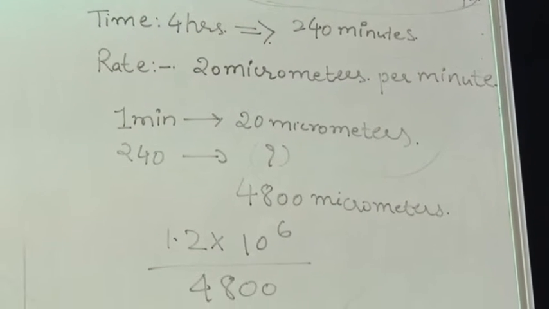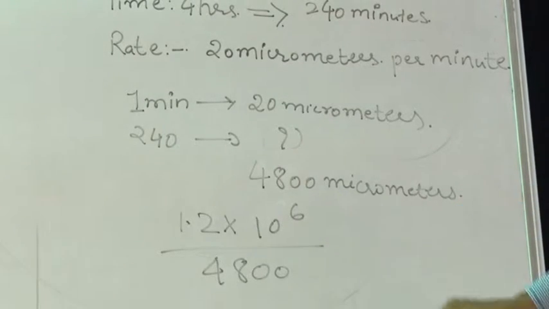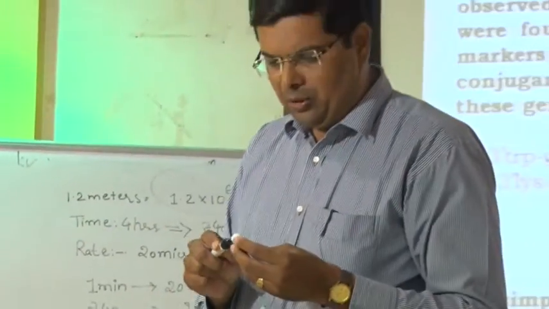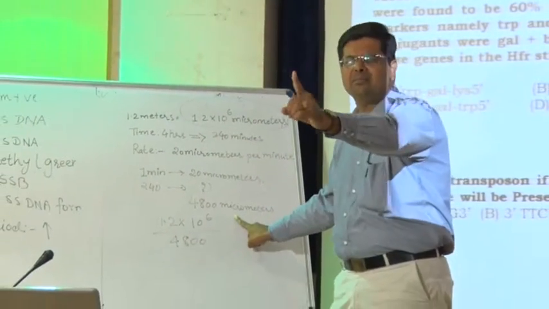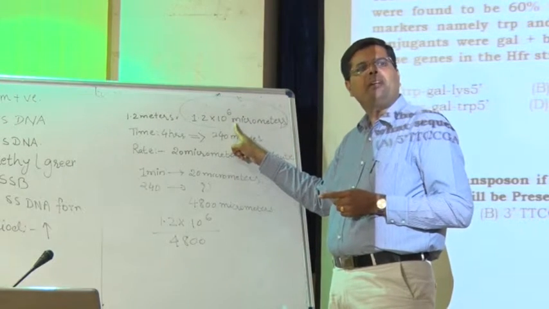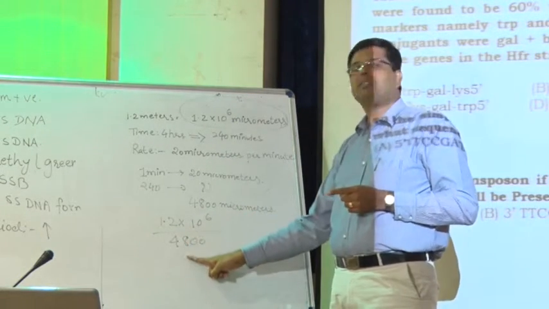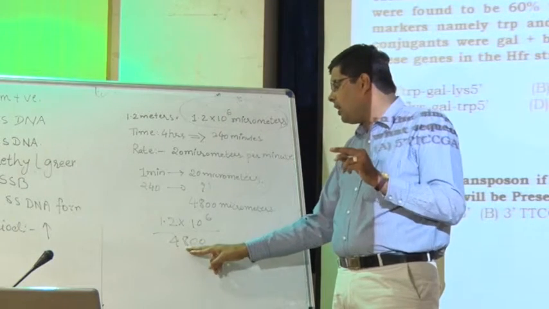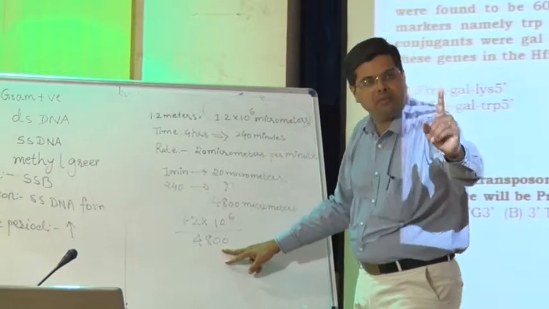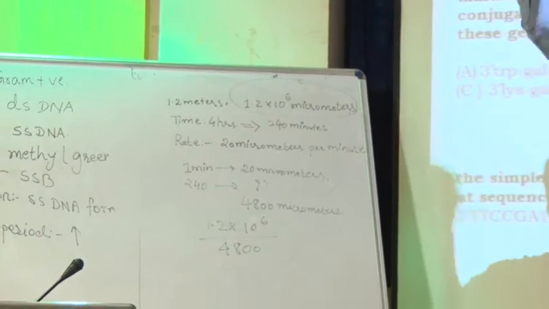अगर एक रेप्लिकेशन ओरिजिन होगा तो इतना 4800 माइक्रोमीटर डीएनए ही बस 240 मिनट में होगा. नहीं समझ में आ रहा है आपको? अगर सिर्फ एक रेप्लिकेशन ओरिजिन होगा तो सिर्फ 4800 माइक्रोमीटर ही डीएनए रेप्लिकेट होगा. लेकिन हमको कितना करना है? 1.2 इंटू 10 रेज टू 6. तो ऐसे पता चलेगा, भाई 4800 माइक्रोमीटर डीएनए को रेप्लिकेट करने के लिए एक रेप्लिकेशन ओरिजिन चाहिए. तो 1.2 इंटू 10 रेज टू 6 माइक्रोमीटर डीएनए को रेप्लिकेट करने के लिए कितना रेप्लिकेशन ओरिजिन चाहिए?